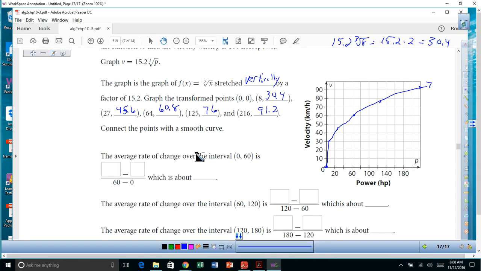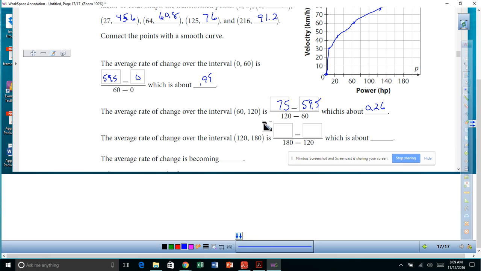The average rate of change over the interval 0 to 60 is, well, that would be 59.5 minus 0 over 60, and that gives you 0.99. The average rate of change over the interval 60 to 120 would be 75 minus 59.5 over 120 minus 60, which is about 0.26.